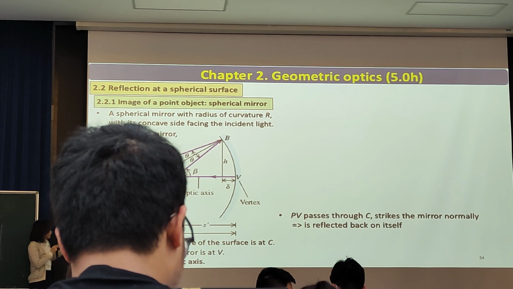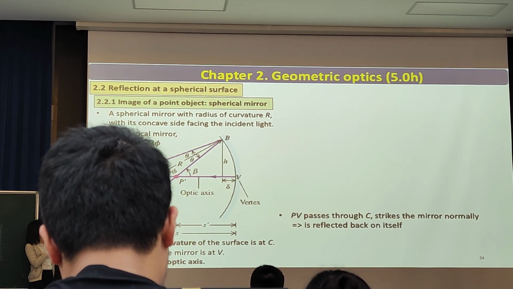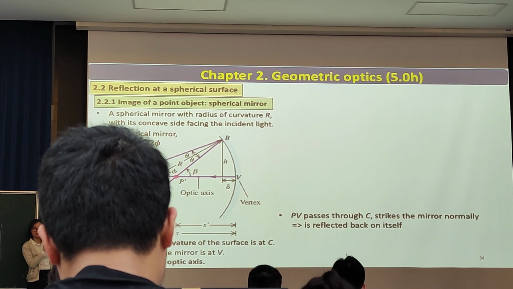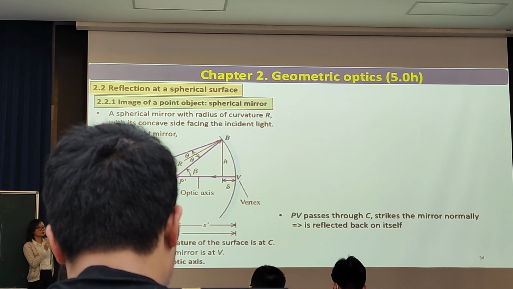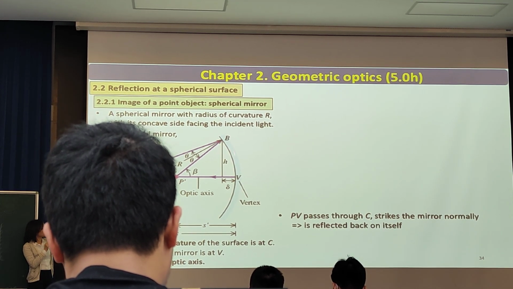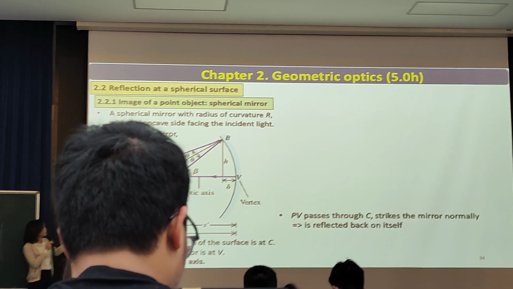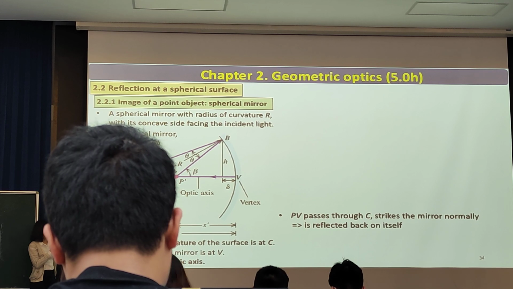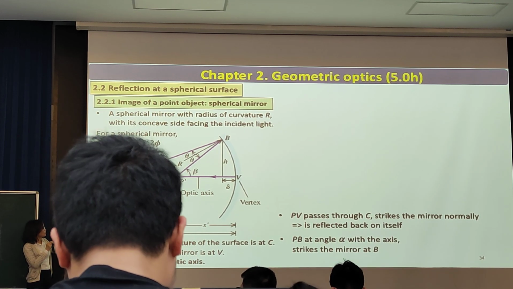So you see, when you have the incoming ray PB coming to the curvature at point B, you draw the normal here, B to C. The normal will be the line connecting the point striking at the radius, the curvature here, and also the center. So you have the reflecting rays in this direction. So these two rays, okay, here. So PD at an angle alpha with the axis.